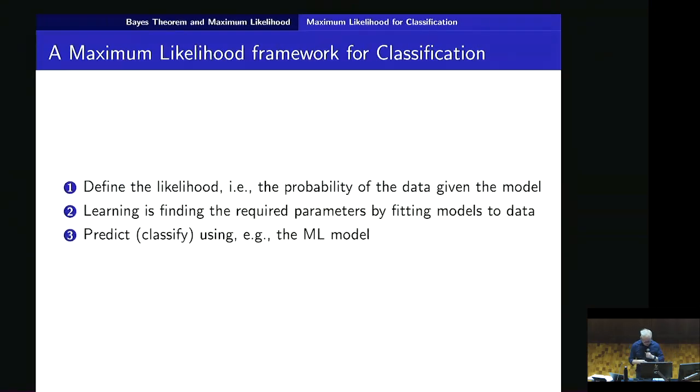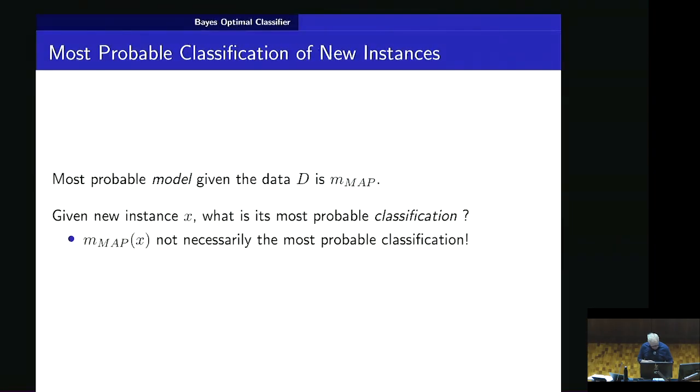For maximum likelihood, which is what we've been using for linear regression and now logistic regression, we simply define the likelihood, we forget about the prior, and we find the parameters. And then we predict using the maximum likelihood, the set of parameters that is the maximizer for the data given those parameters.